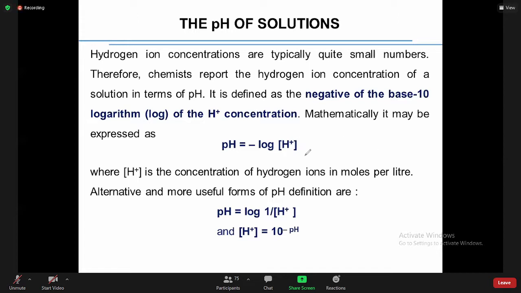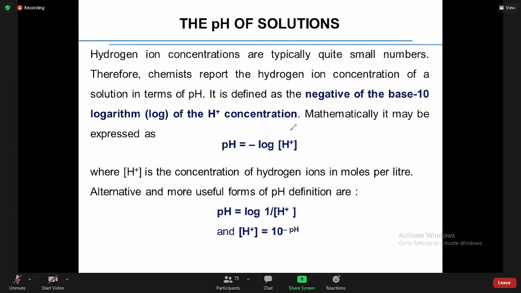Very good. So what does this logarithm and molar concentration actually mean? What is the significance of this one? We can find whether it is acid or base through pH.